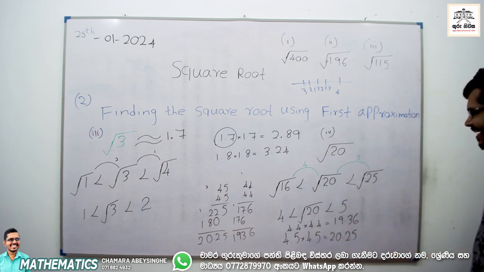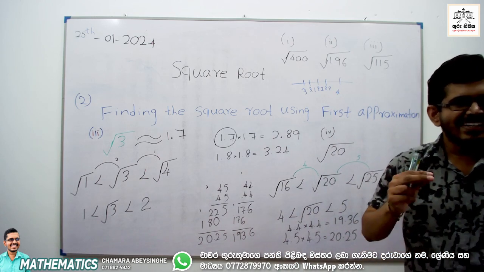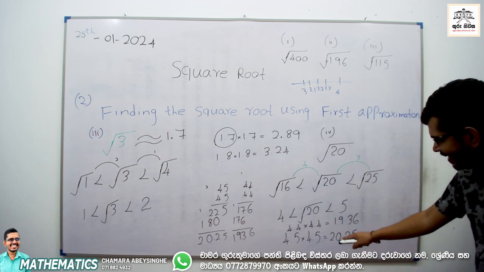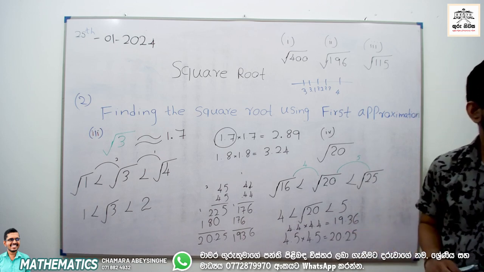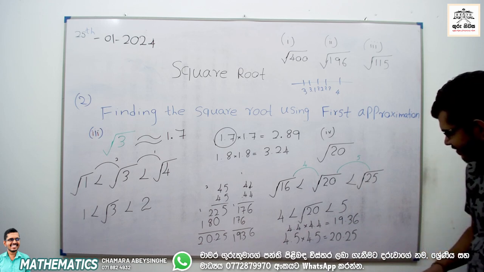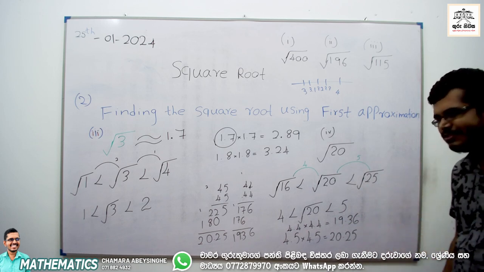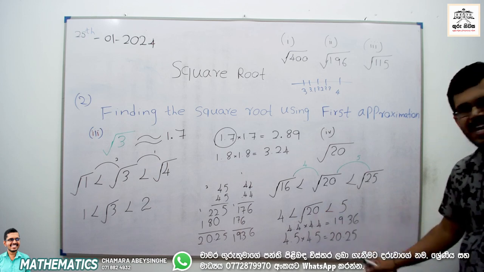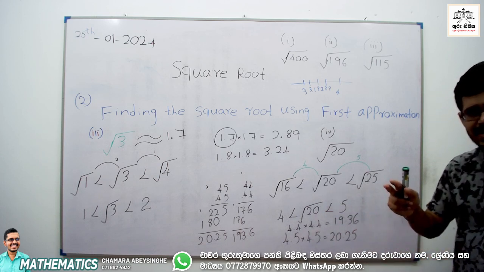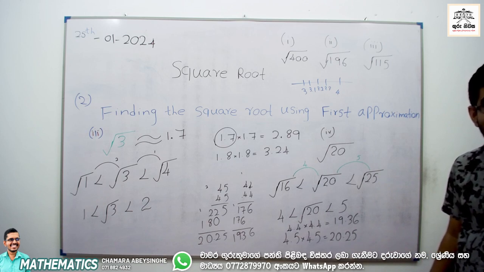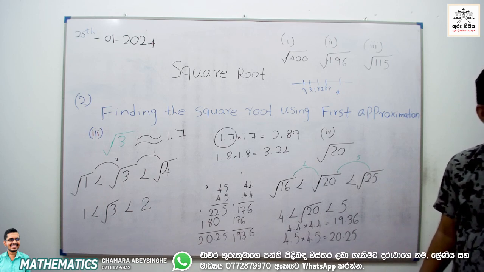Now tell me, what is the nearest value? 20.25 or 19.36? 20.25. Yes, for 20.25 the difference is 0.25, but for 19.36 the difference is 0.6 වගේ ගානක් නේද?